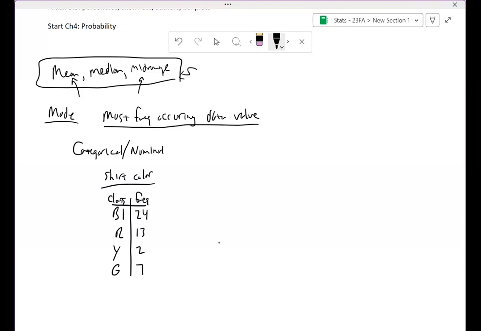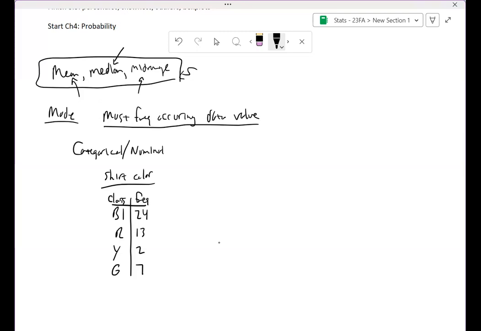The median might be a little more forgiving, but here we need to have at least the amount of structure that we can impose a natural ordering or ranking. And in this case, we can't even really do that. There's not a natural ordering or ranking to these colors, at least not in this context. So we don't even have enough structure to order them, so we can't compute a median.